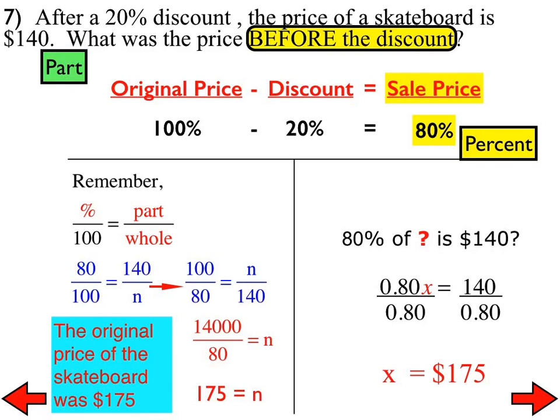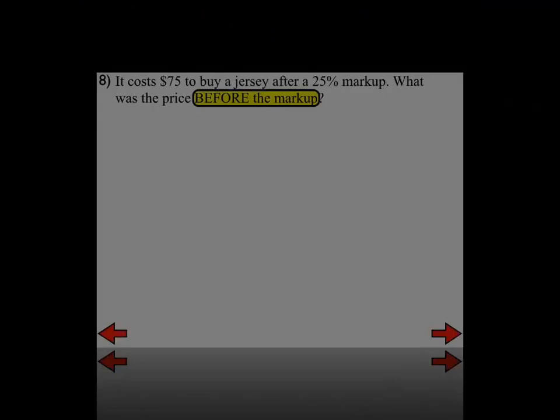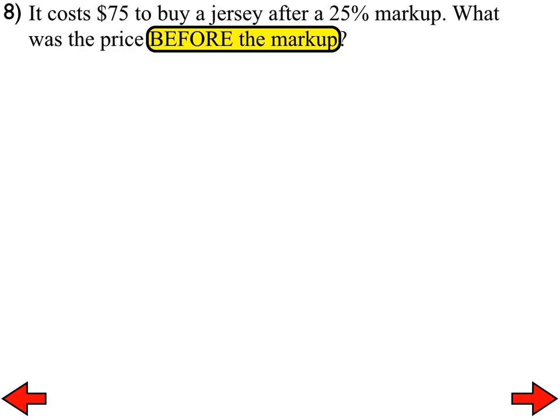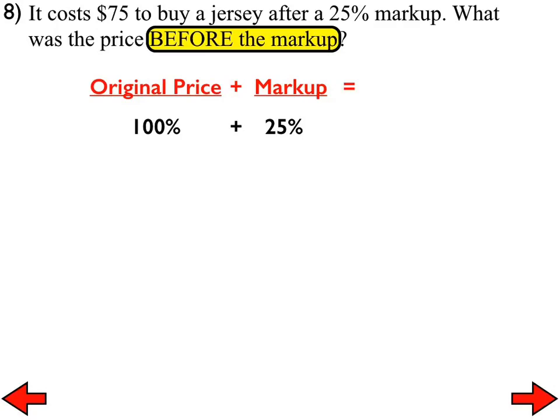Understand? So for number 8, I want you to do that one on your own. This one is a markup, so make sure your percentage is correct. Either the proportion way or the fast percent way. So here we have original price, which is 100%. This is a markup, meaning you're paying extra money. So that's plus 25%.